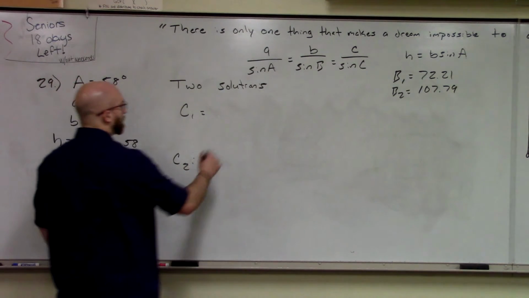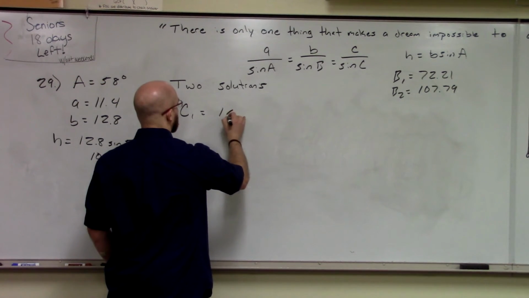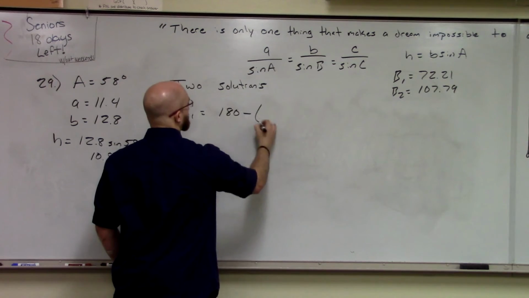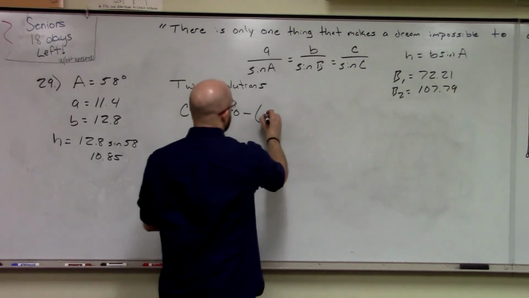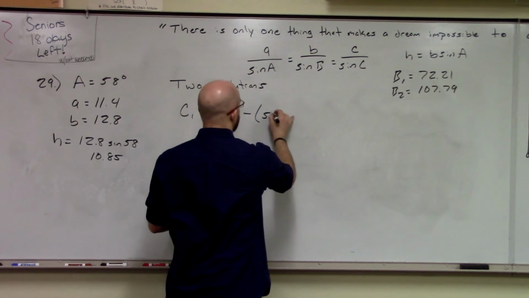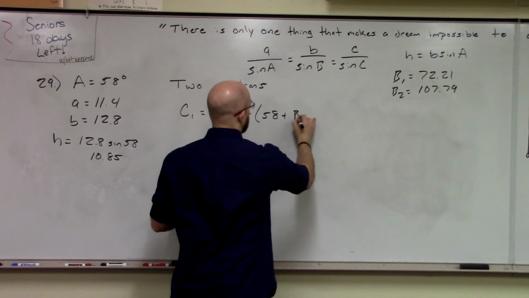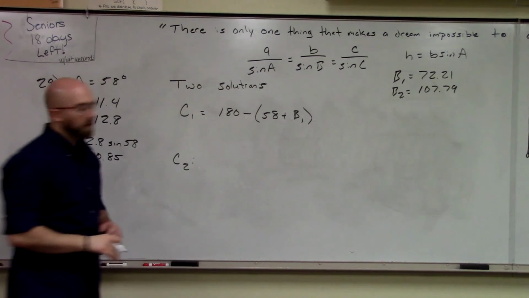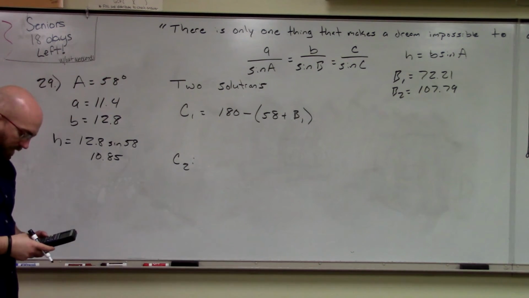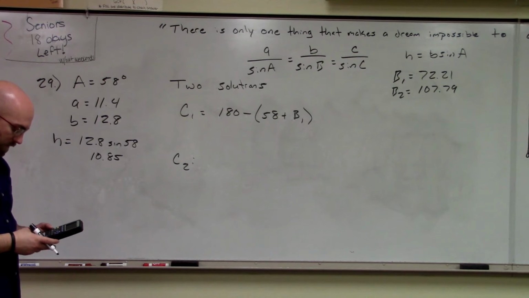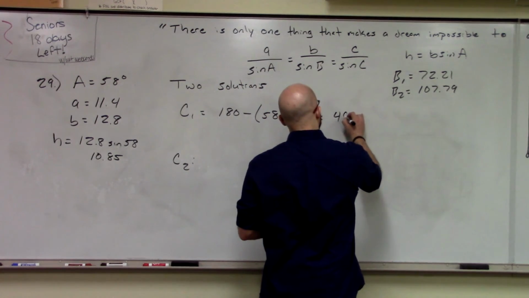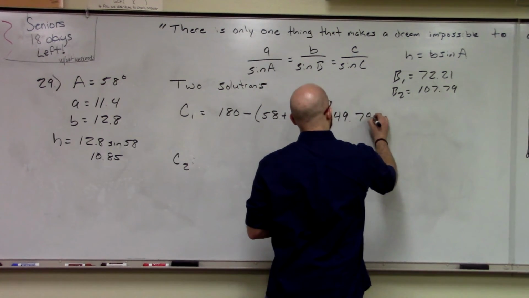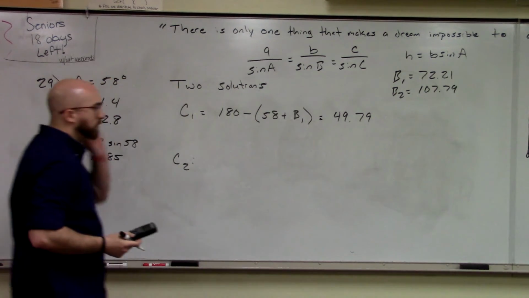So basically, that's just 180 minus our A, because A doesn't change, 58, plus B1. Alright, so let's go ahead and do that. 58 plus 72.21 minus 180. We should get 49.79. So that's our answer for C1.